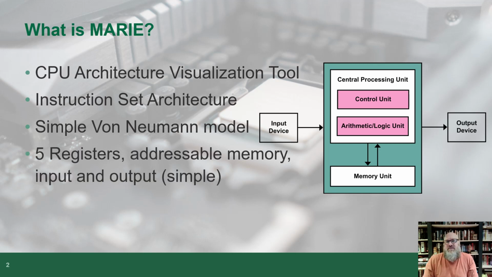MARIE uses a 16-bit word length, that is 2 bytes, and allocates basically a heap of addressable memory. MARIE also employs 5 registers inside the CPU, which are used for fetching and decoding data, as well as storing the results of the operations.